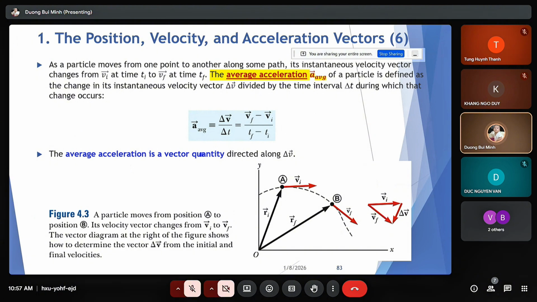We also know how to calculate the average acceleration. Average acceleration is delta v over delta t. If here we have r_f, you get v_f, and we have r_i, you get v_i. When we take v_f minus v_i, you get delta v, and delta v divided by the time interval gives the average acceleration.